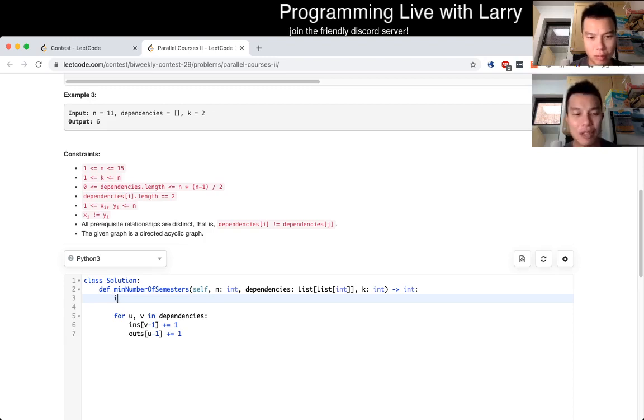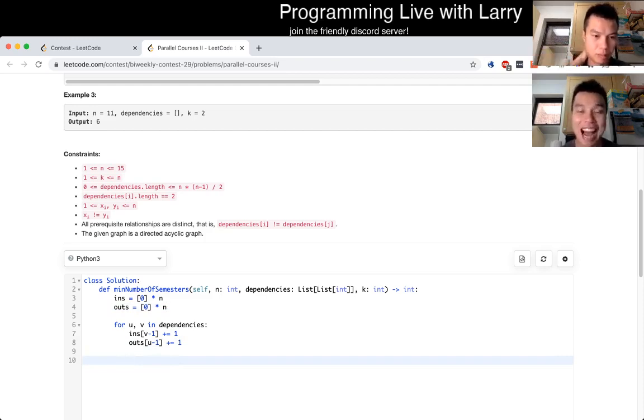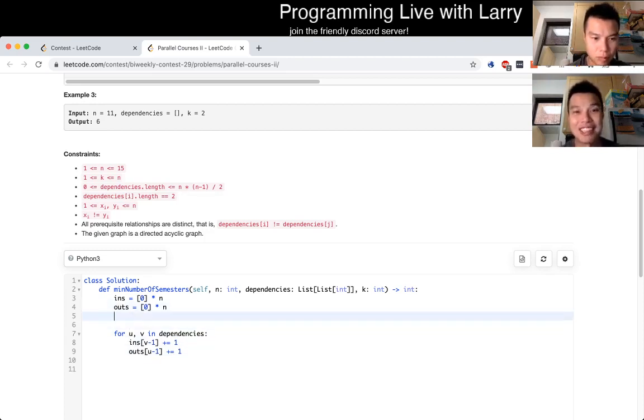So I did spend a long time convinced that it was not greedy because of n is equal to 15. I thought maybe there's some clever 2 to the 15 solution. But after an hour of trying to figure out dynamic programming and brute force, I was like, okay, look, Larry, you ran out of ideas.